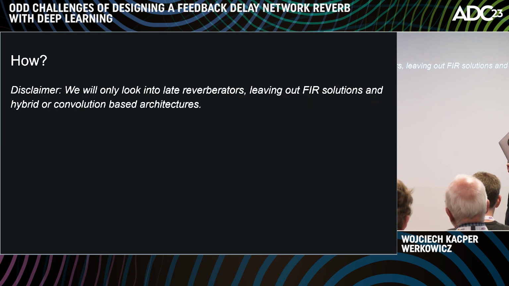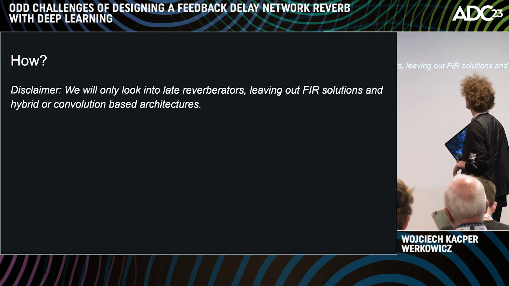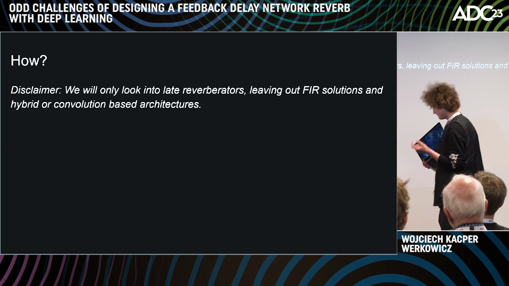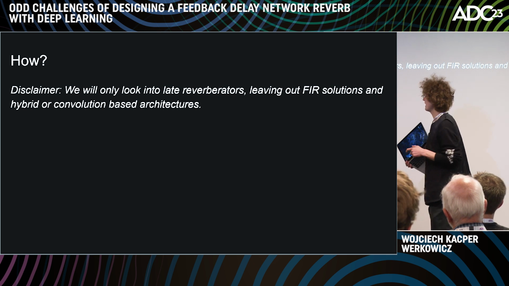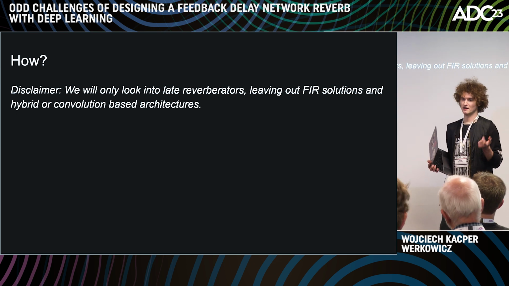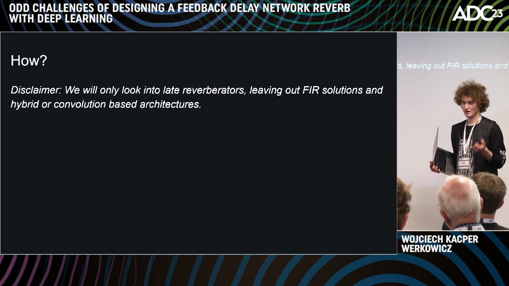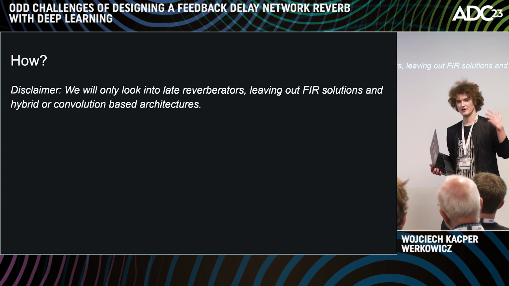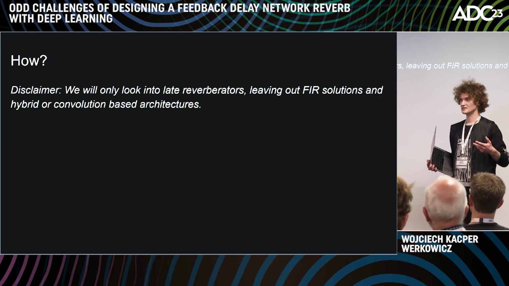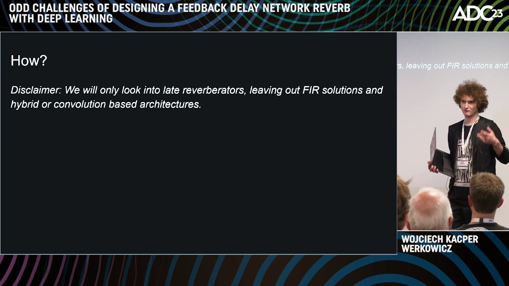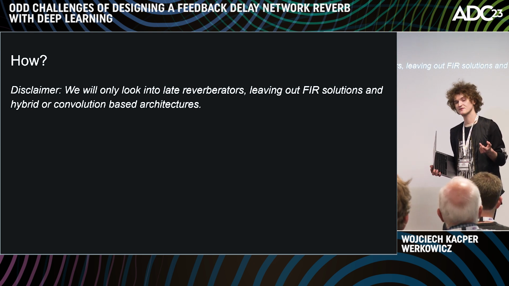Yep. So yeah, here's a little disclaimer. So with reverbs, generally, if you're modeling an impulse response, you can split it into two things. So you have the early room reflections, right? And that is usually dealt with using finite impulse response filters.